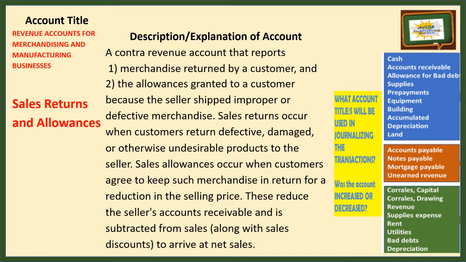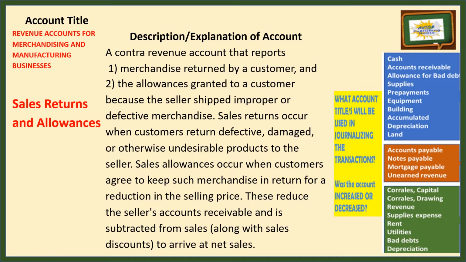Sales allowances occur when customers agree to keep such merchandise in return for a reduction in the selling price. This reduces the seller's accounts receivable and is subtracted from sales along with sales discount to arrive at net sales.